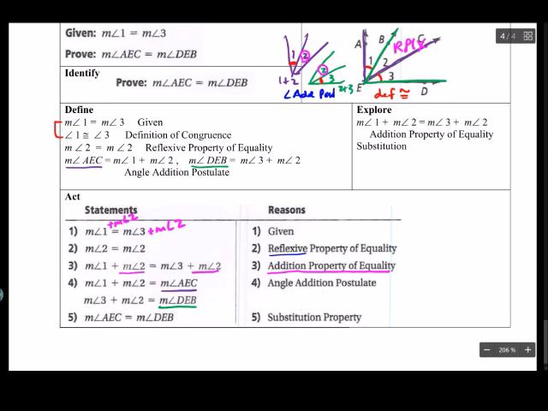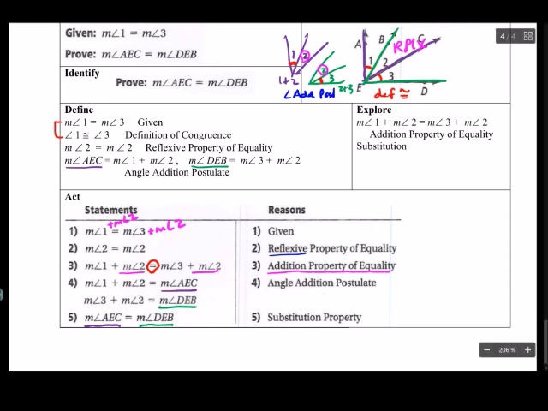So now, because these two are equal to each other right here, I substitute in 1 plus 2. There's my purple angle, goes into 1 plus 2. My green angle goes into 3 plus 2. And those angles are equal. And that was what we were asked to prove.